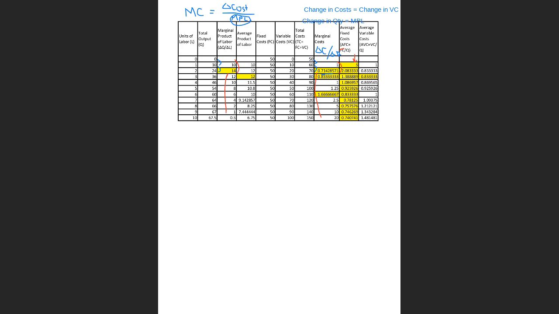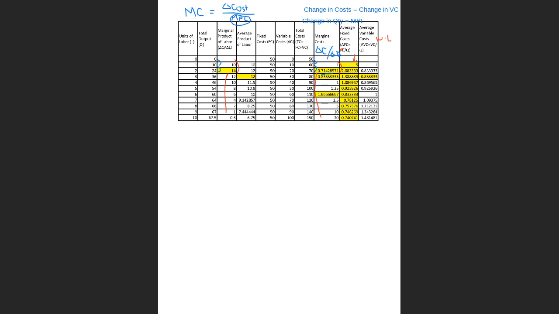Average variable cost over quantity. This is actually going to be a reflection of your average product of labor. Again, you could think about why that is. It's the way that these equations are essentially set up. Remember that variable cost equals wages times the number of workers you have, right?